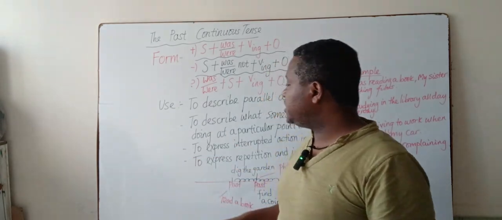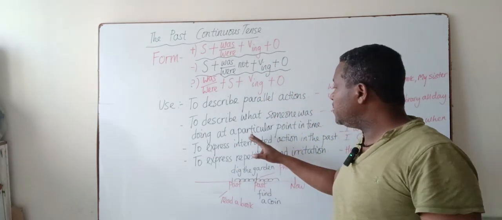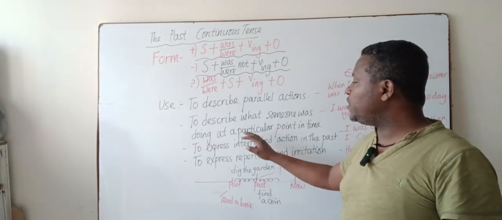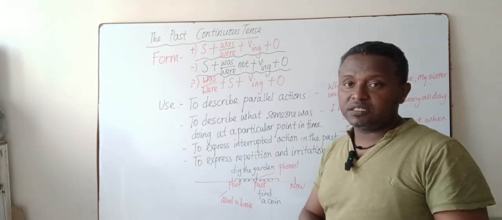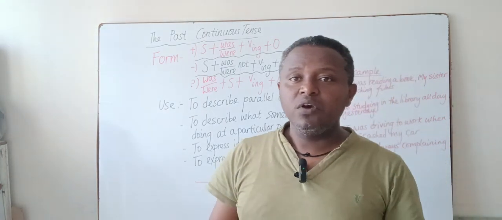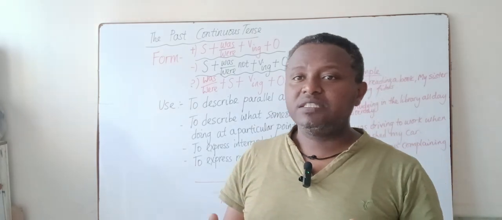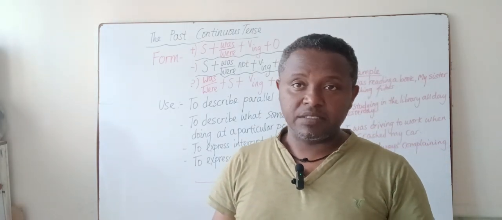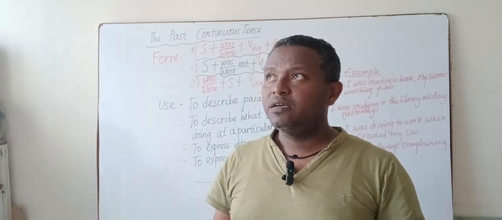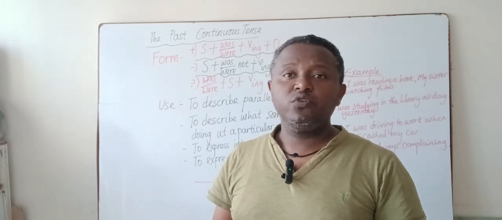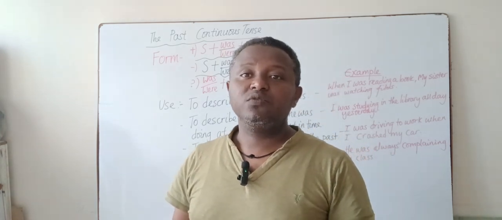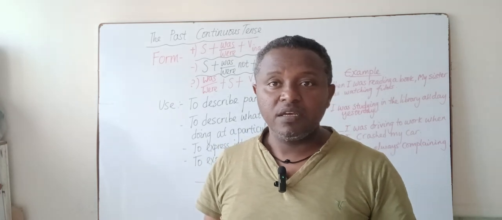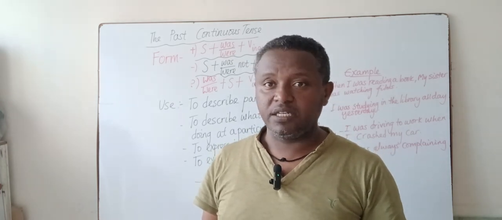The second function is to describe what someone was doing at a particular point in the past. For example, what were you doing the whole day yesterday? Or what were you doing the whole day last weekend, or last Sunday, or last Saturday?